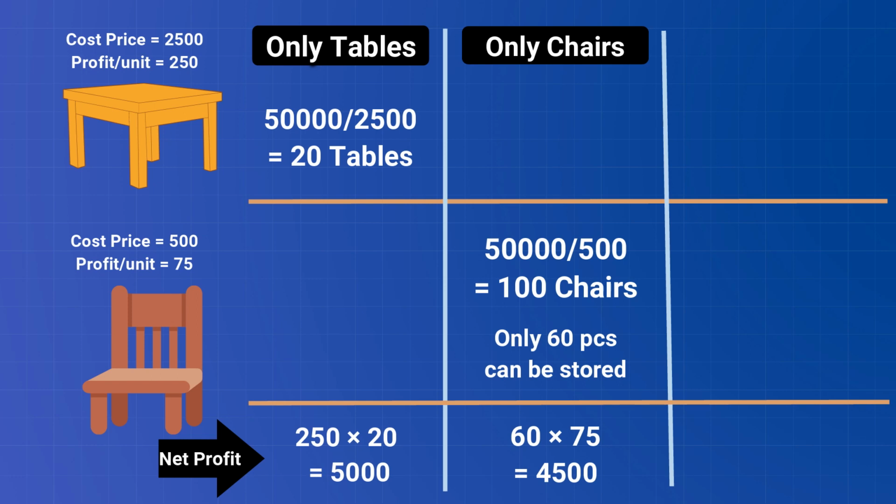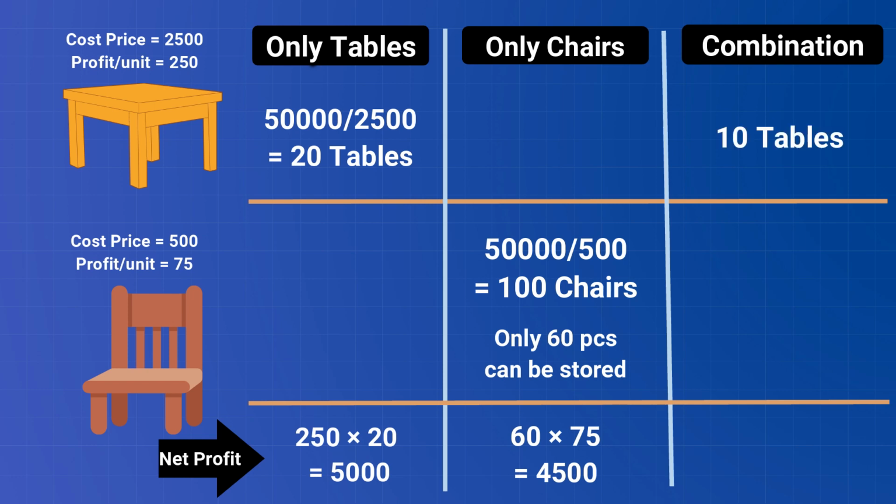There are many other possibilities. For instance, he may choose to buy 10 tables and 50 chairs, as he can store only 60 pieces. Total profit in this case would be 10 into 250 plus 50 into 75. That means 6,250 denomination, and so on.